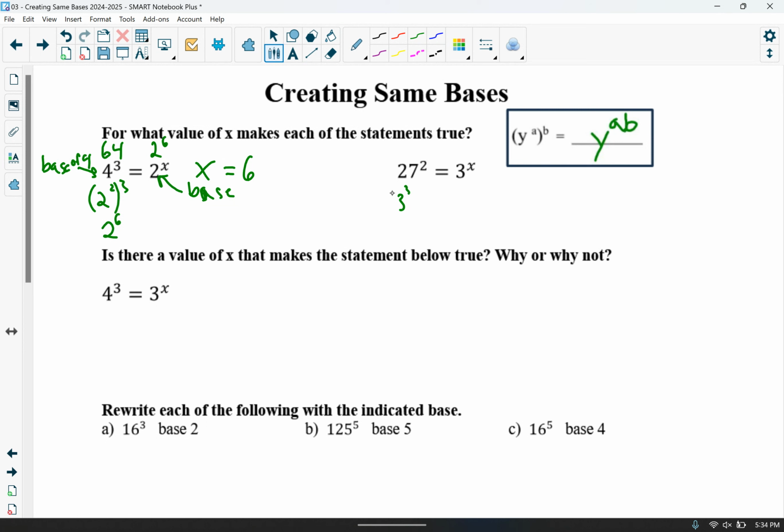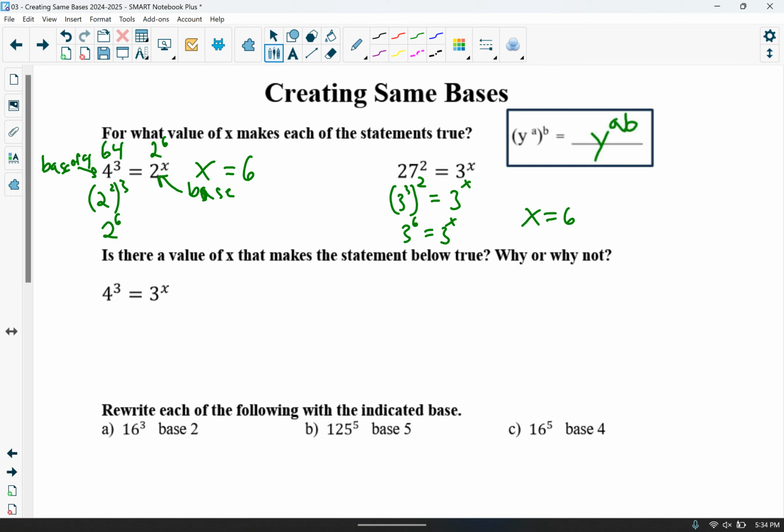So 27 squared can be written as 3 to the 3rd to the 2nd power. So rather than writing 27, we're writing 3 to the 3rd. It's equivalent with a base of 3. If we use our power to a power rule, keeping the base and multiplying our exponents, we can see that it's 3 to the 6th. So that would mean, again, x equals 6. Just a coincidence that they were both 6.